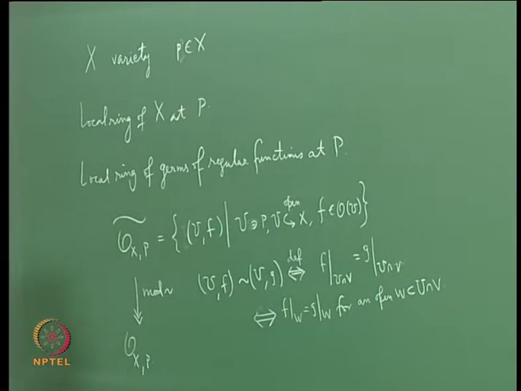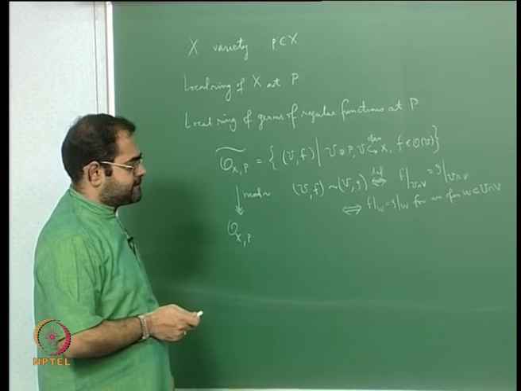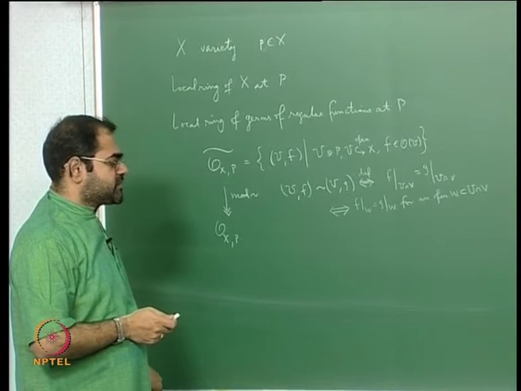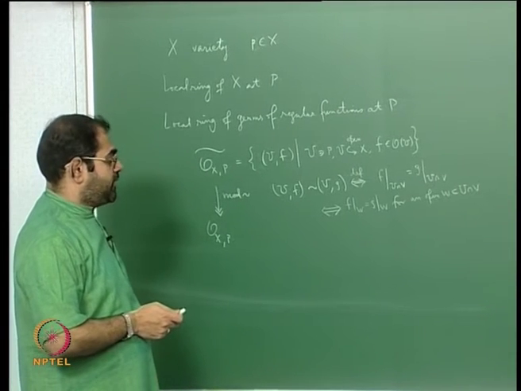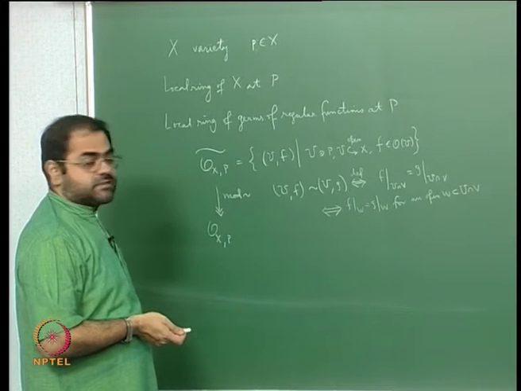because if two regular functions coincide on a non-empty open subset, then they of course coincide everywhere.